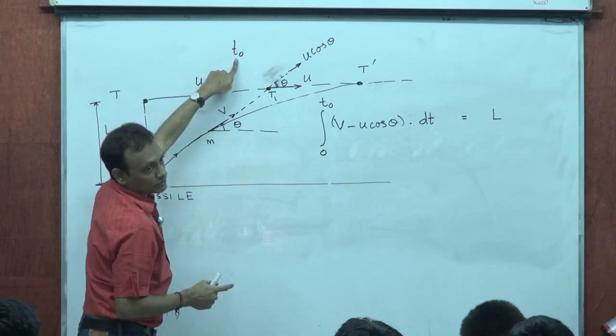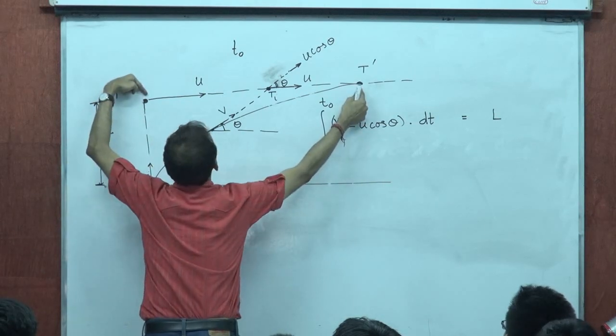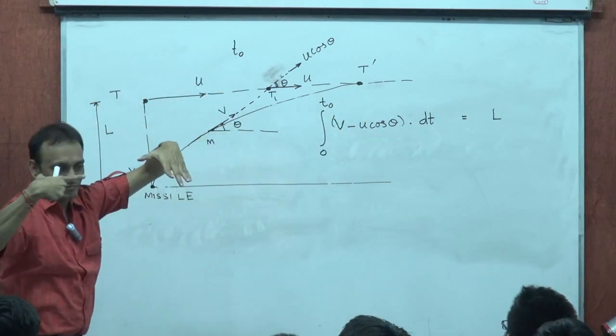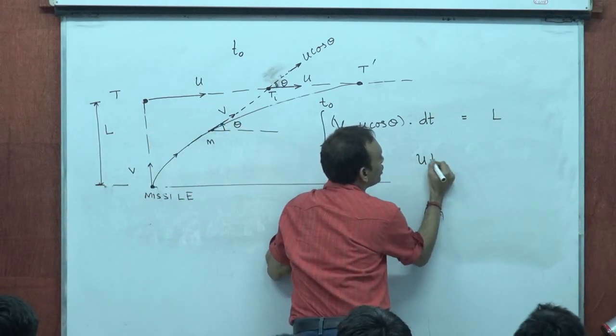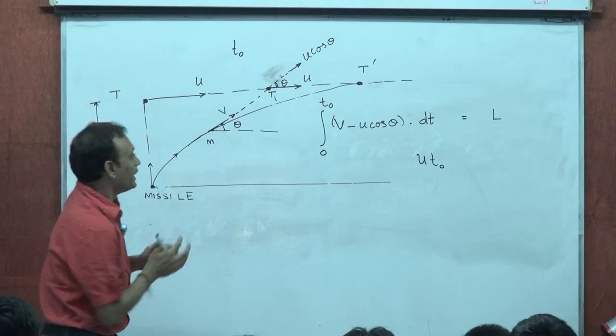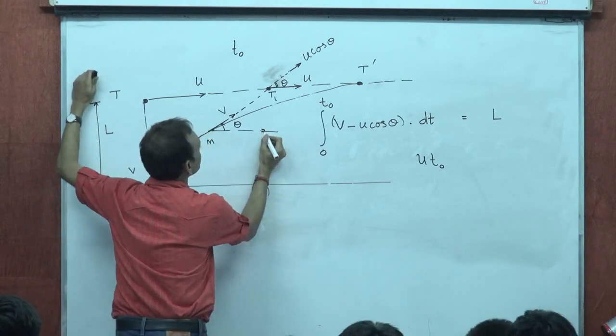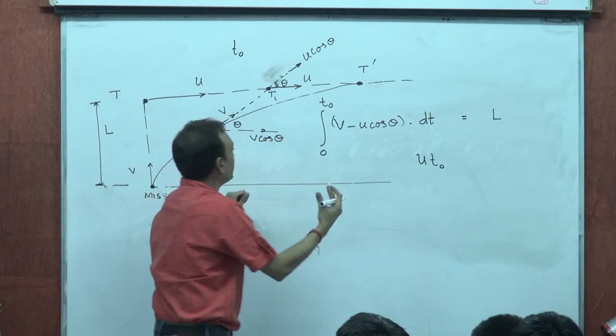In a time t naught, the horizontal displacement of the missile and the horizontal displacement of the target must be the same. What's the horizontal displacement of the target? u t naught, in a time t naught. And realize that the missile's horizontal velocity is v cos theta, where theta is continuously varying.